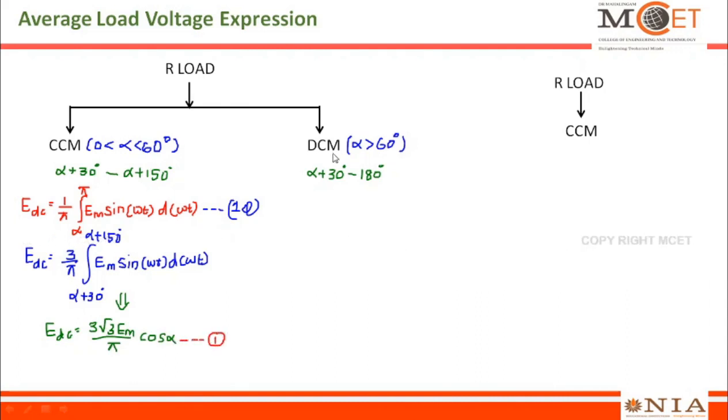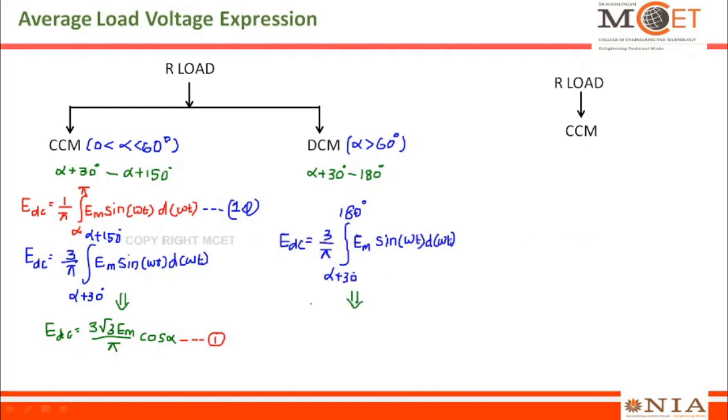For discontinuous conduction mode, I am going to make use of the same expression, but these limits are changed to alpha plus 30 to 180 degrees. So the expression becomes something like this. Upon simplification of this expression, I will get EDC equal to 3 root 3 Em by pi into 1 plus cos of alpha plus 30.